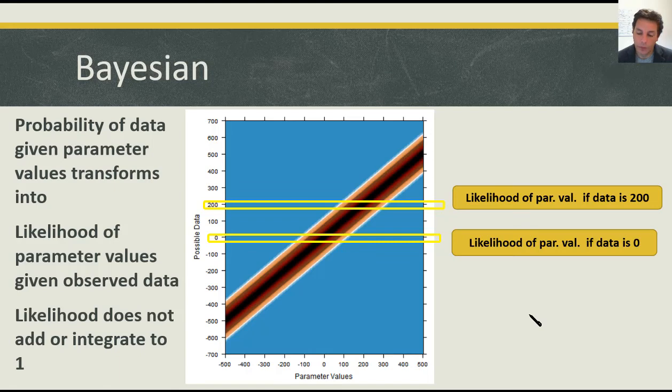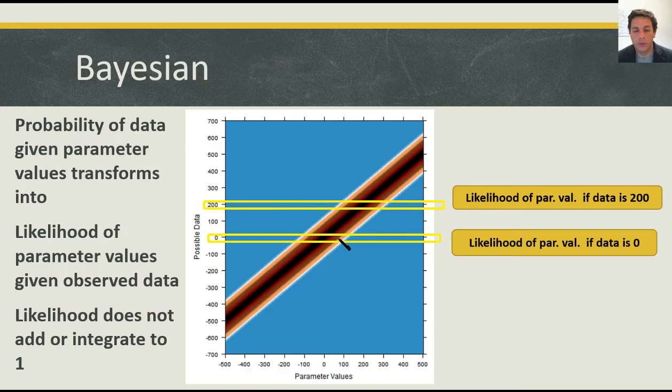Now, to determine the actual likelihood, we need the data. So the data, let's say, is 0. If the data is 0, now the likelihood is this. Now, likelihood is like a probability, but it's not a probability. Why is that? Because these values do not add to 1, whereas in a probability, values should add to 1.